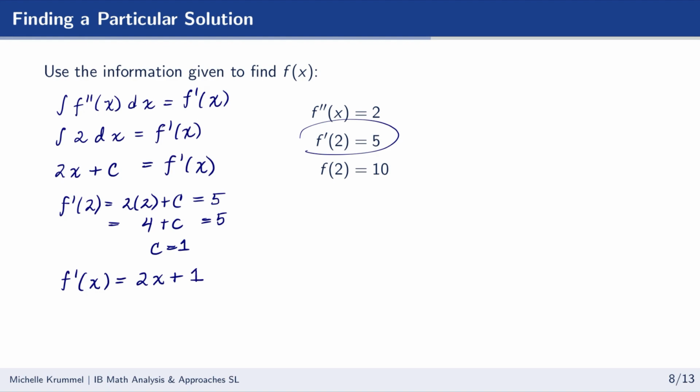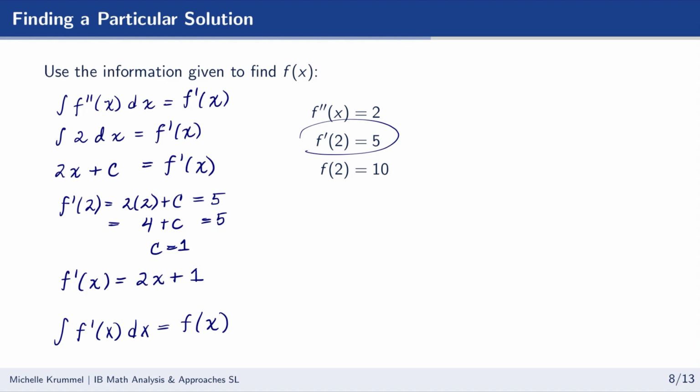And if we integrate f prime of x, we're going to get f of x. So the integral of f prime of x dx equals f of x plus the constant of integration. And I'm going to be careful here not to just say plus c, because I already called the first constant of integration c, and they don't necessarily have to have the same value. They could have different values. So it's like a constant 1 and a constant 2.